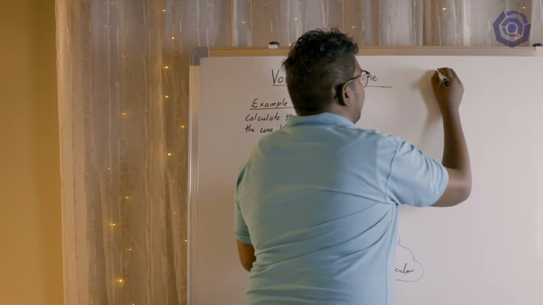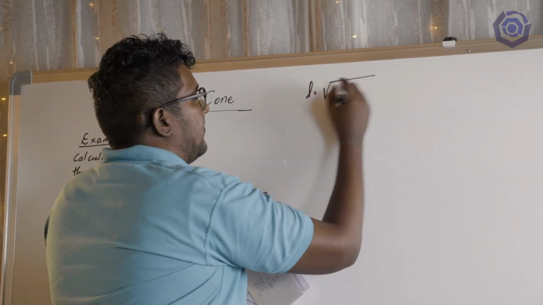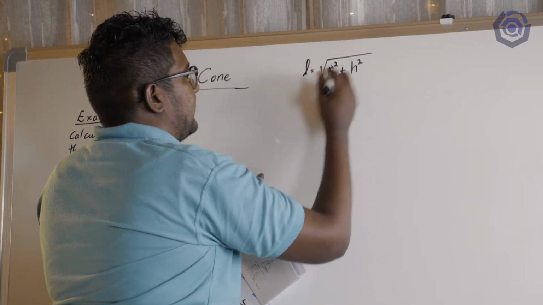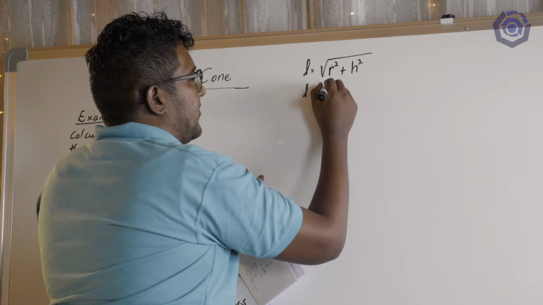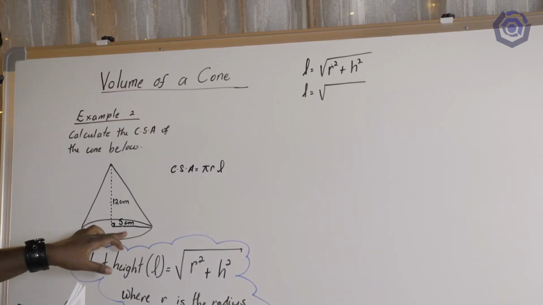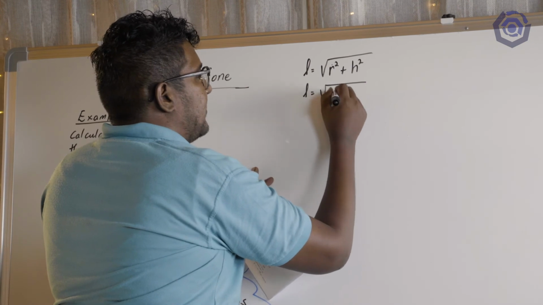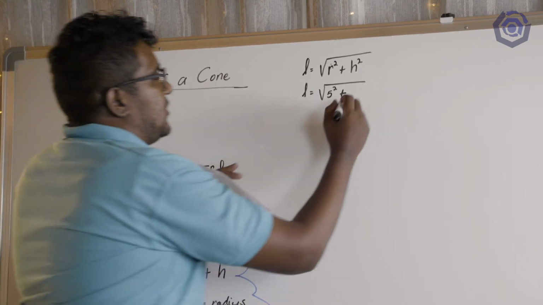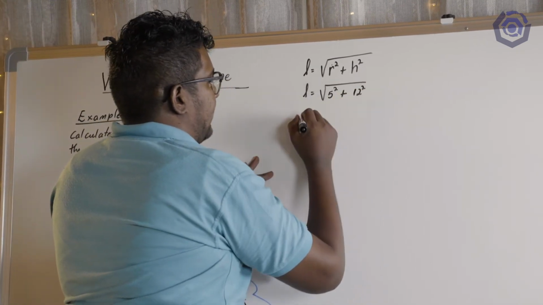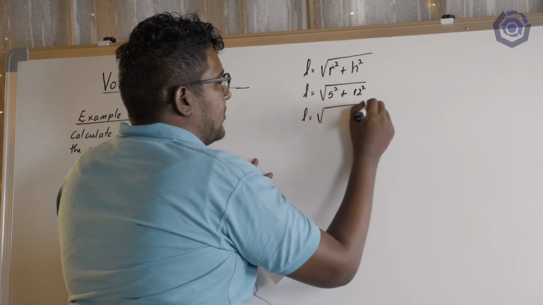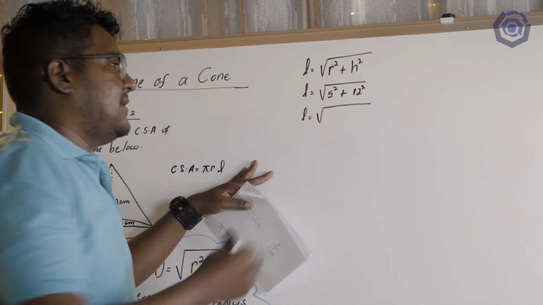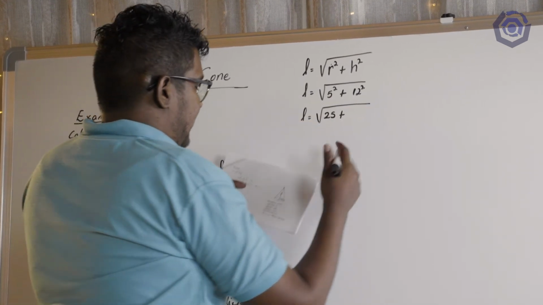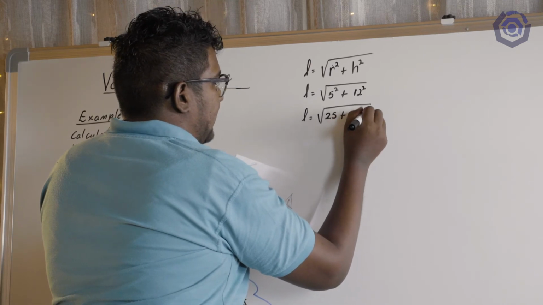L is equal to the square root of r squared plus h squared. L is equal to the square root of r, which is our radius, 5 squared, plus h, which is 12 squared. 5 squared is 5 times 5, which is 25, plus 12 squared is 12 times 12, which is 144.